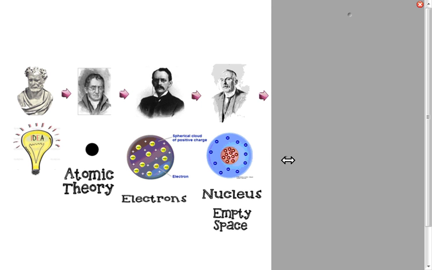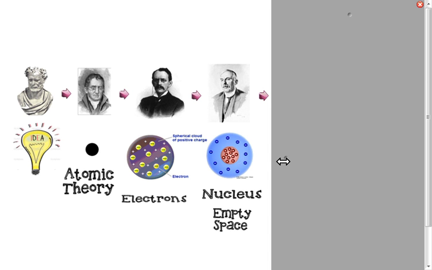His name was Ernest Rutherford, and he did the gold foil experiment. In the gold foil experiment we just did in class yesterday, he bombarded and shot alpha particles at a thin gold foil and was surprised that the pattern was not consistent with his expectations.